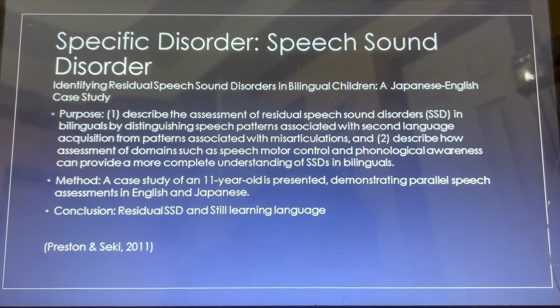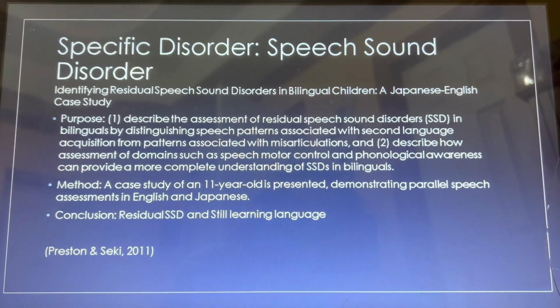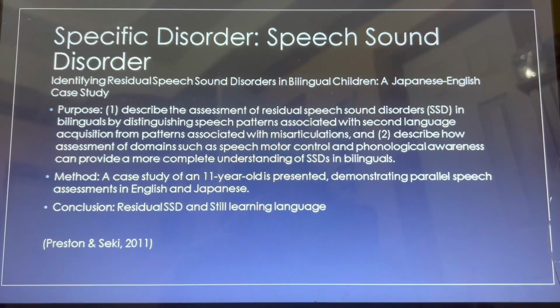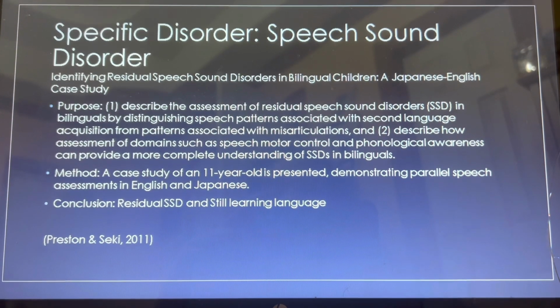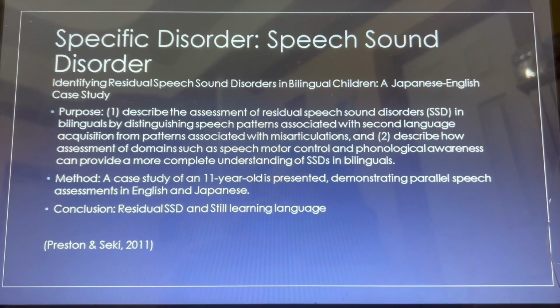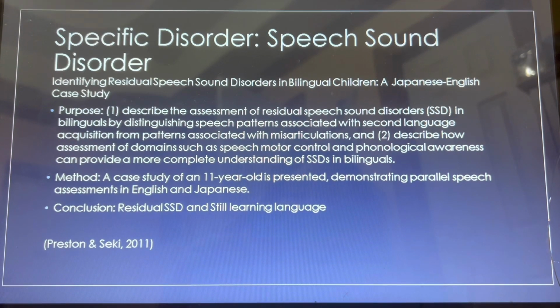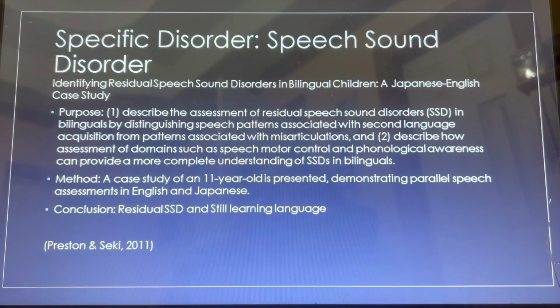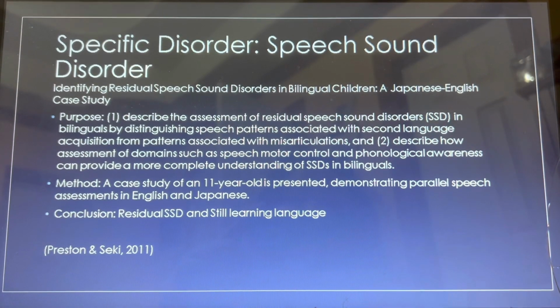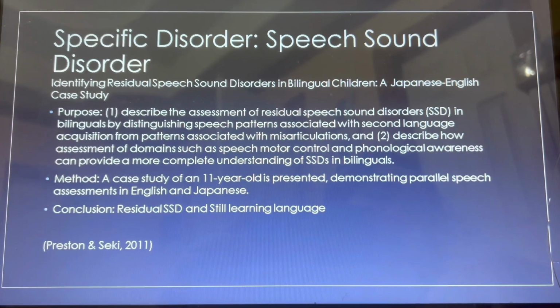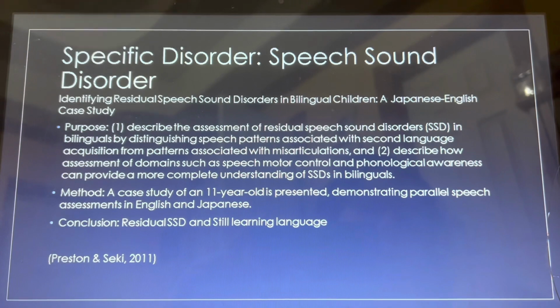In this case, both were reasons why he was struggling, which is just something that they were trying to make researchers take note of, because a lot of times people blame it on one or the other. So the SLP might just say it's the disorder, but a teacher might just say, oh, well, he's learning the language, he doesn't need speech services. So that's what was really interesting with this study.